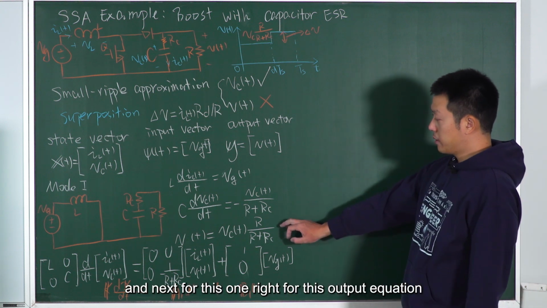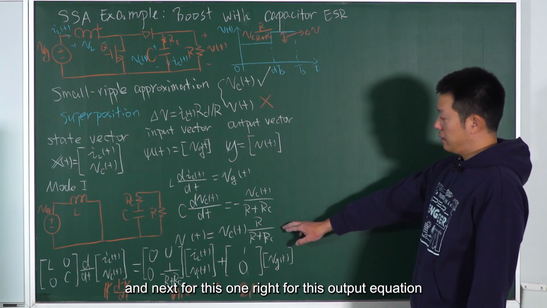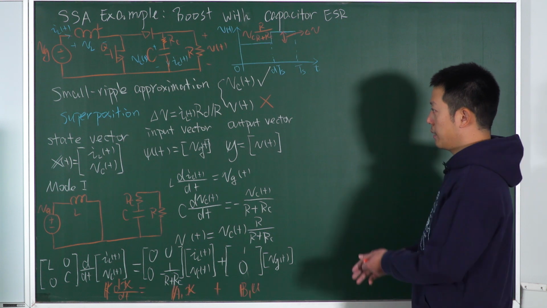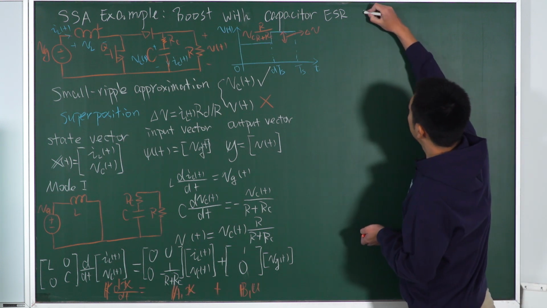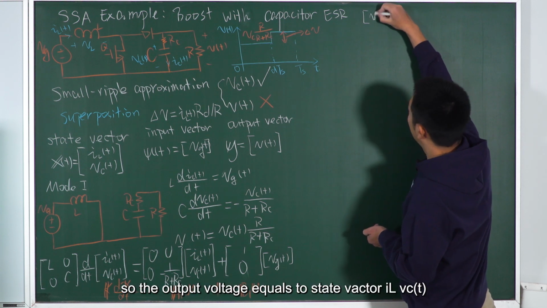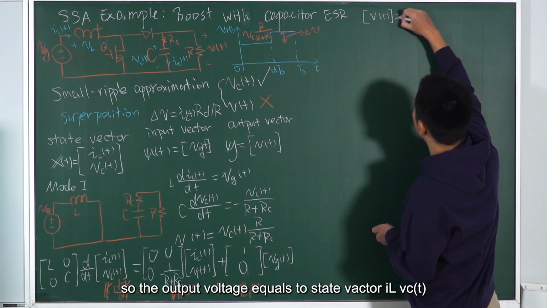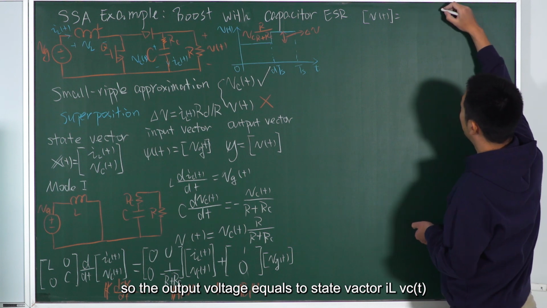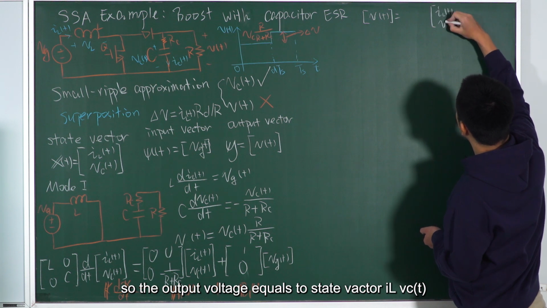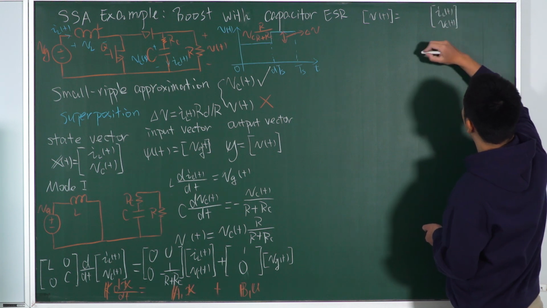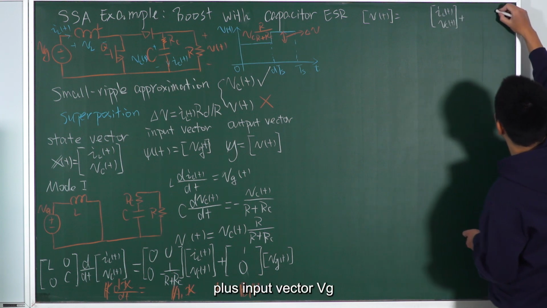And next, for the output equation, we can also use the matrix format. So the output voltage equals the state vector IL, Vc, plus the input vector Vg.